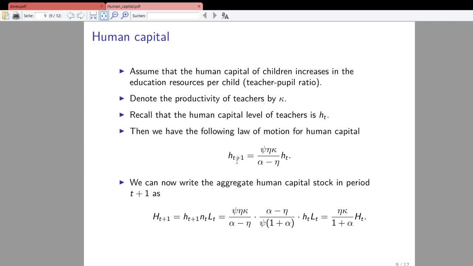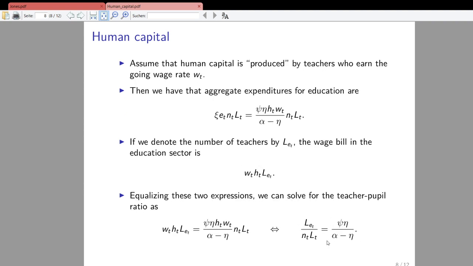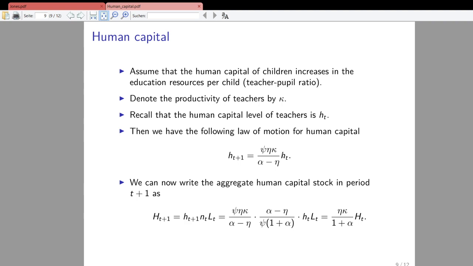Now we can write down a dynamic equation for the evolution of individual human capital: individual human capital in time t+1 is the teacher-pupil ratio multiplied by the inherent productivity of teachers, kappa, multiplied by the human capital level of teachers, h_t.